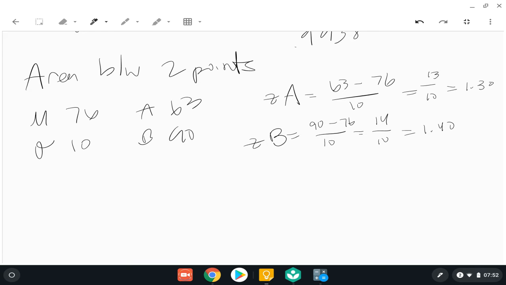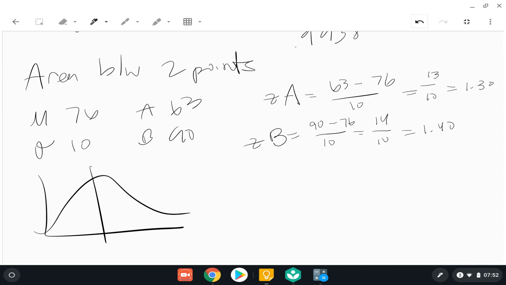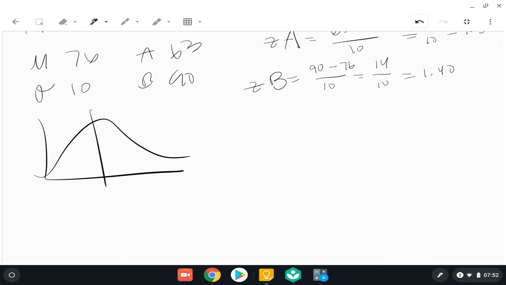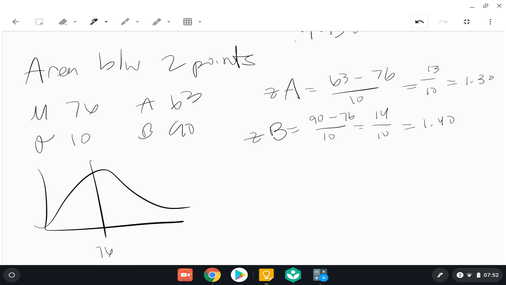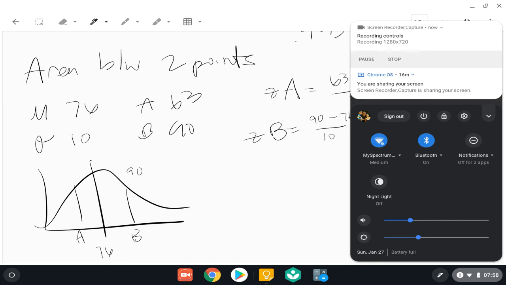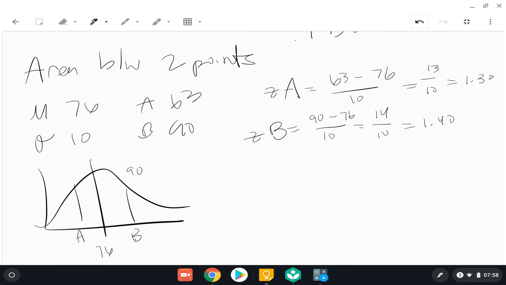So let's think this out. Over here we have our 76. We have A over here, and B over here. B is 90. Alright, let's finish conceptualizing this.